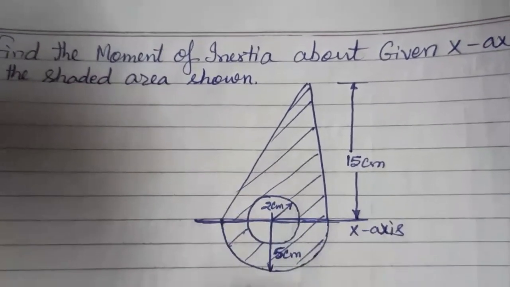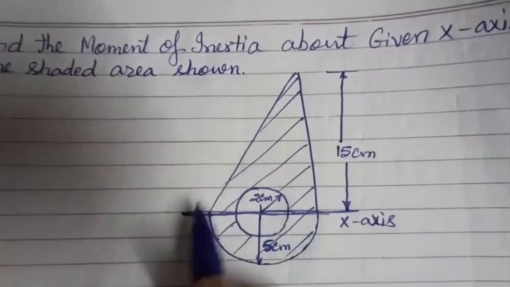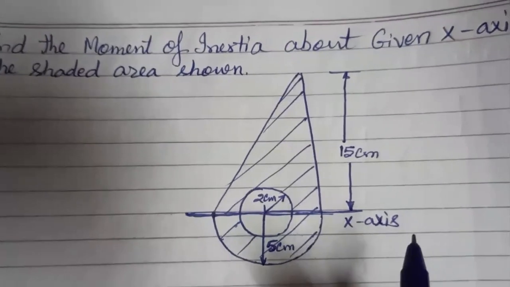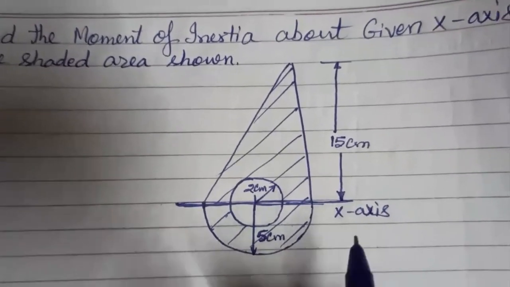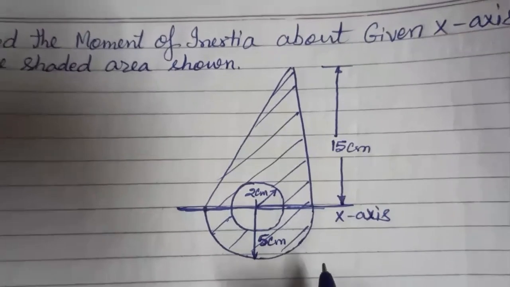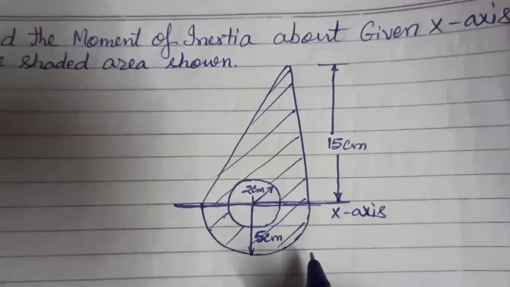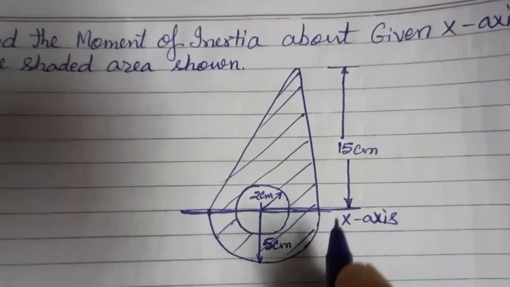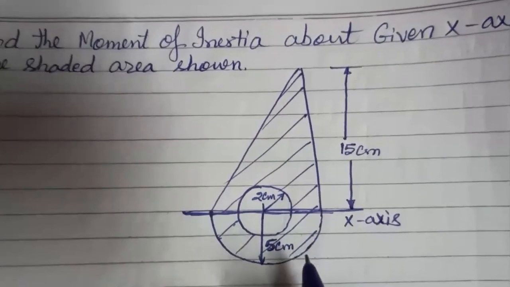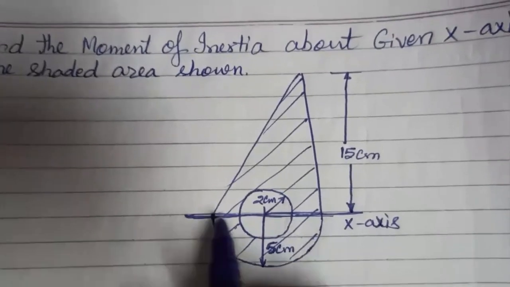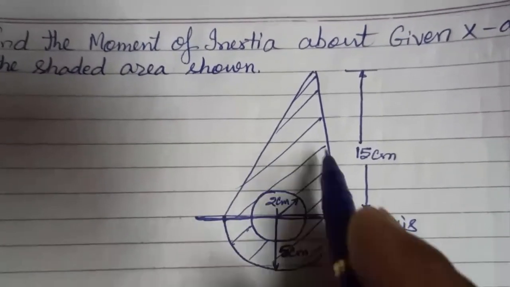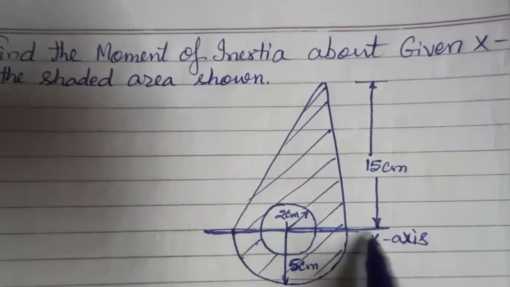In this type of problem, we do not need to find the centroid of the figure, because we do not need the centroidal axis. We can directly find the moment of inertia of this composite figure about this x-axis.